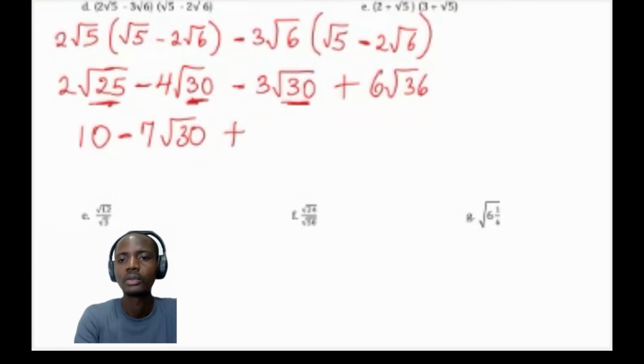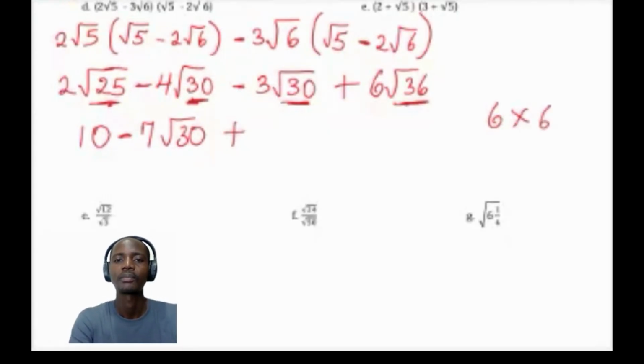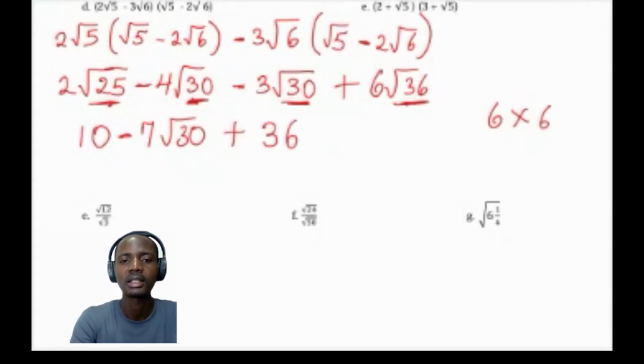now watch this, root 36. We know square root of 36 is 6. Now, 6 times 6 gives 36. So it means 6 root 36 is the same thing as 36. Now, this and this, they are the same.